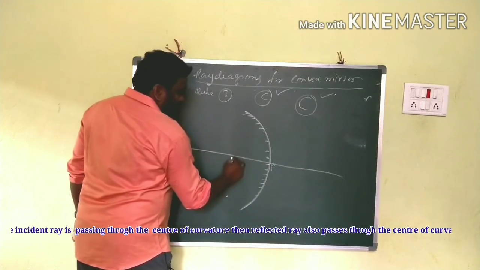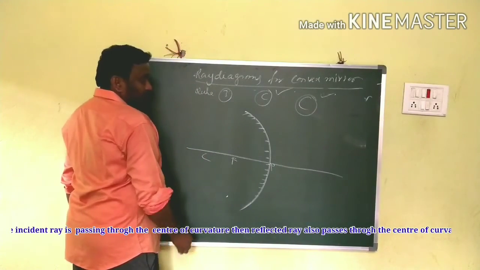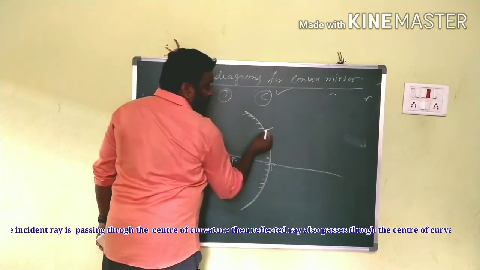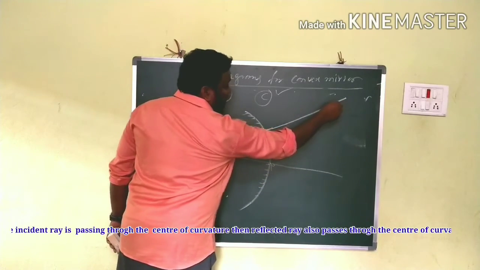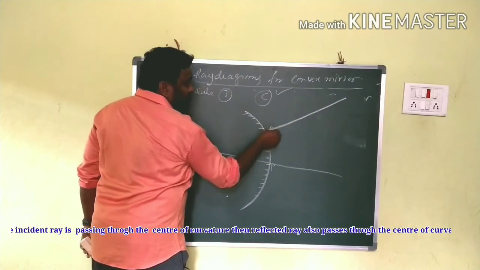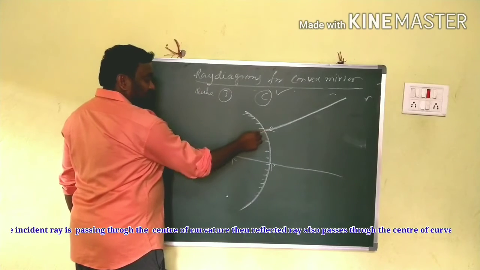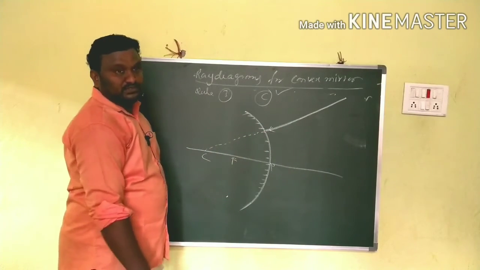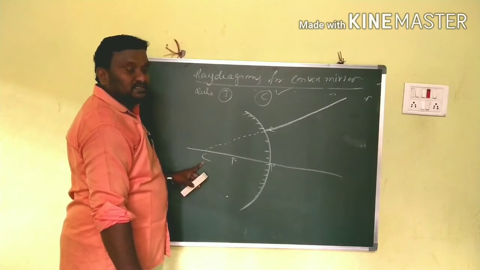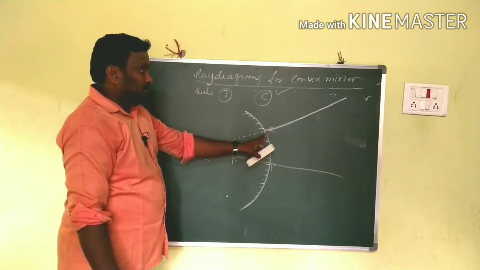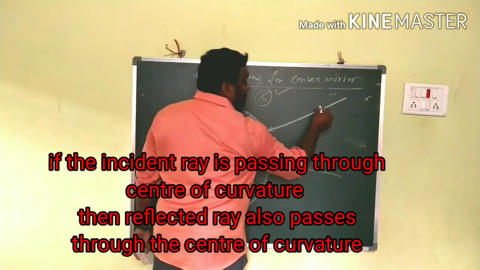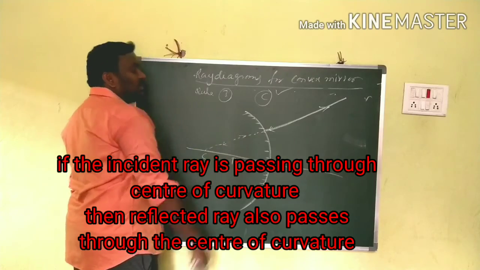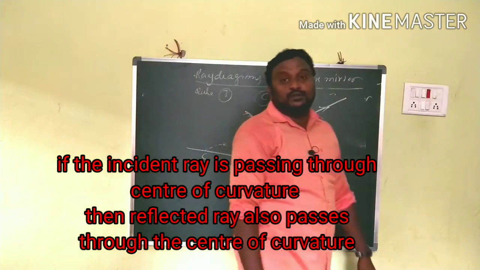So we have C. Now here, this is the incident ray. If we extend it, it meets the C, center of curvature. After reflection also, it passes through the center of curvature. So incident ray and reflected ray. That is the third one.